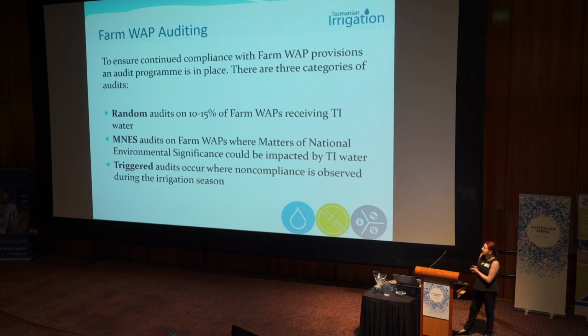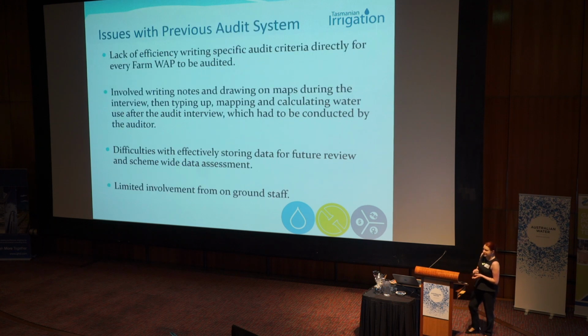We also run MNES audits, so matters of national environmental significance, where they could be impacted on a farm WAP. They get audited every year that those farm WAPs are irrigated with TI water, and triggered audits where someone has observed some non-compliance. But most of our audits are those random ones. So that's the focus of this.